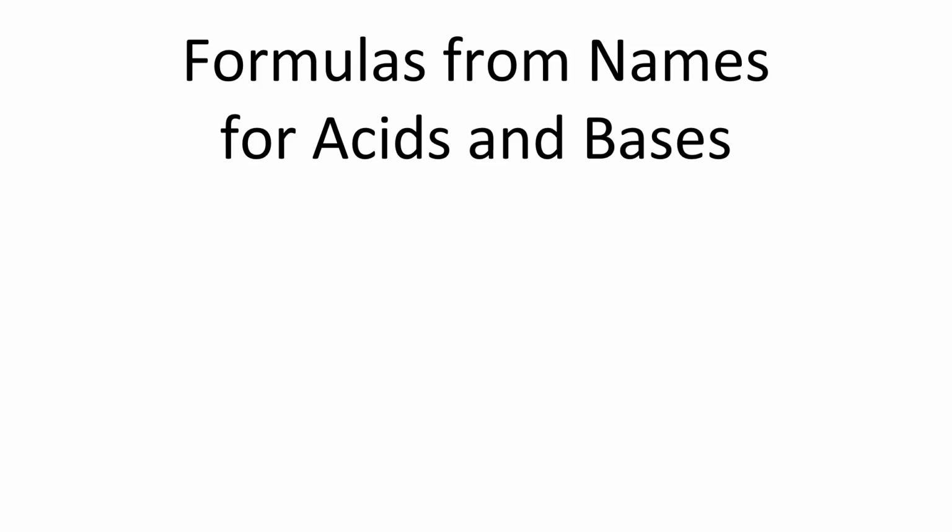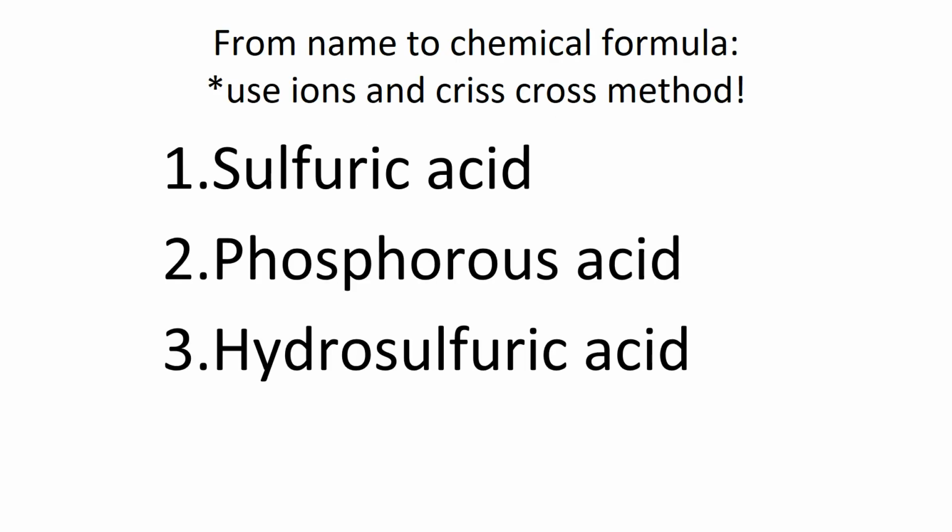All right. So go ahead, see if you can get the formulas from these three names. Treat these as ionic. You may have to use crisscross whenever you're setting them up. So remember, think about what charge hydrogen makes and what sulfate is, a -2.